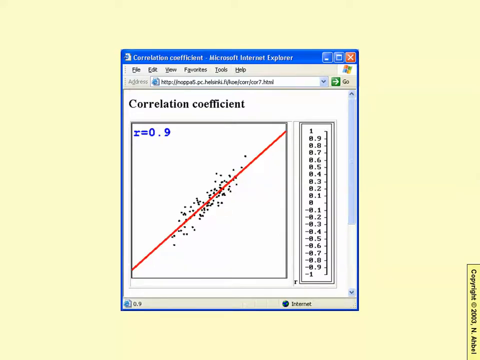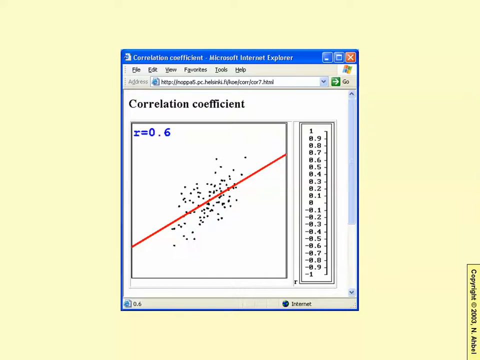Now as we go to r is equal to 0.9, you can see that data points have moved a little bit from the line. 0.8, 0.7. You can see already at 0.7 that the residuals are starting to be fairly big. 0.6, 0.5, 0.4.